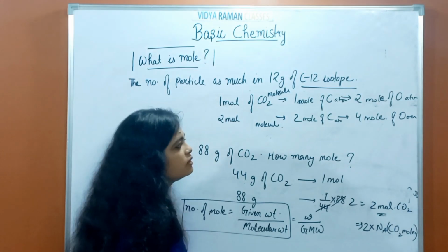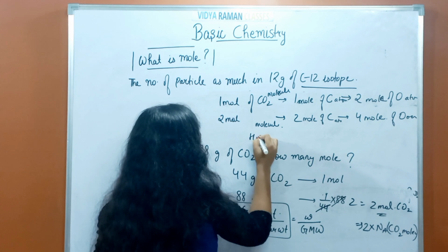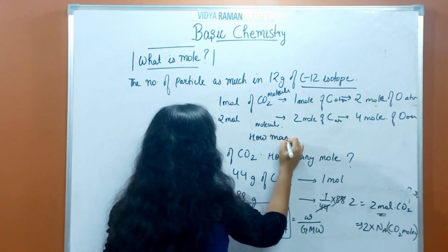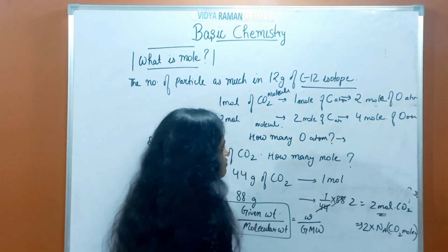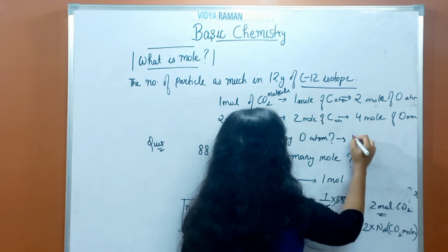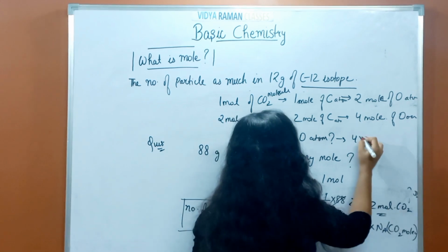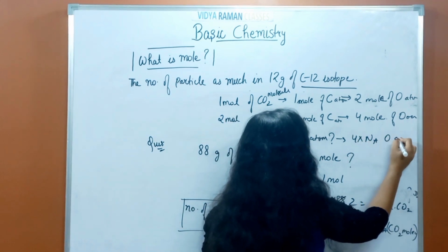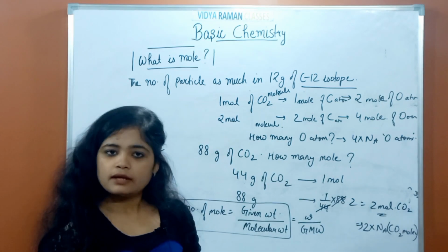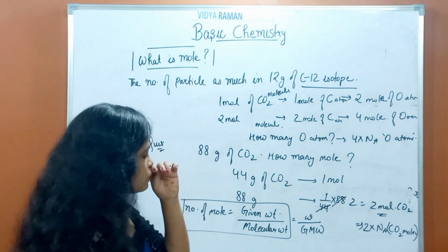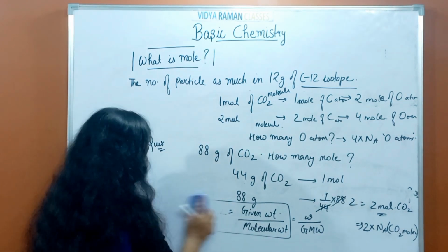So if they ask how many oxygen atoms are there, if that is 4 mole, then 1 mole is containing what? Avogadro number, right? So 4 into Na oxygen atoms are there. Am I clear? So now we will do one question, then we will be clear what we are discussing here.